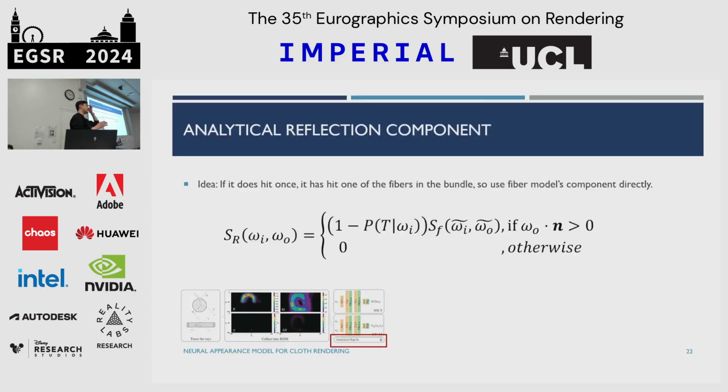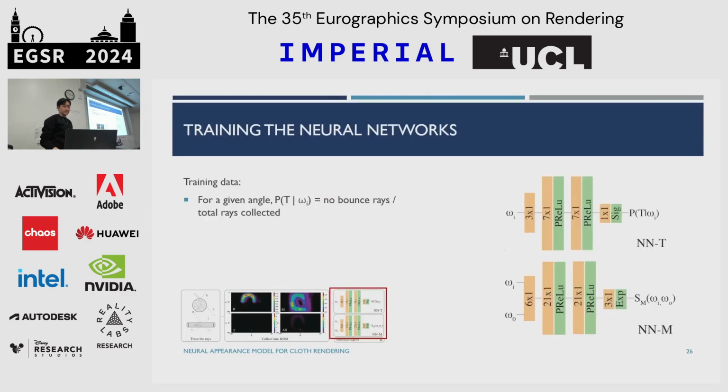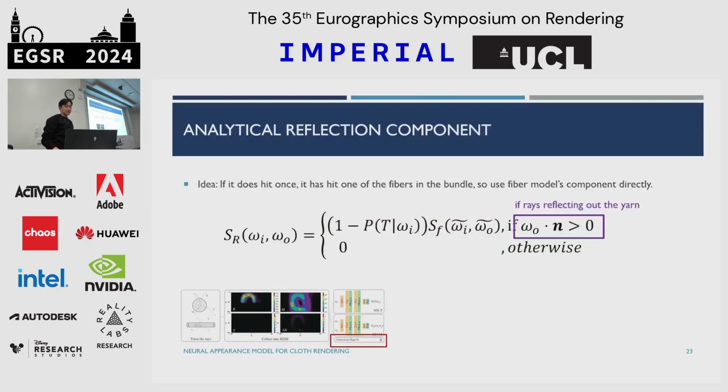Now we'll first start talking about the reflection component. The idea is, if it hits the yarn once and leaves, it is as if you are hitting a fiber. So if it reflects out of the yarn, we can find the proportion of rays that actually do hit, meaning they do not transmit, and we can just use the fiber-based reflection instead.